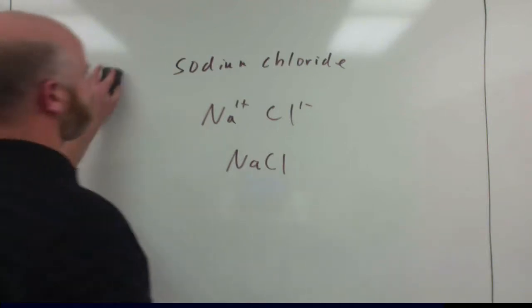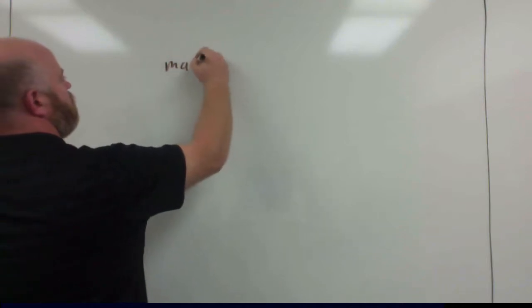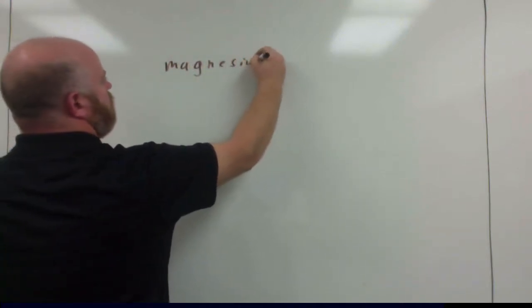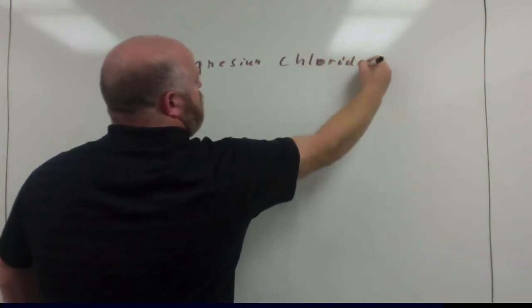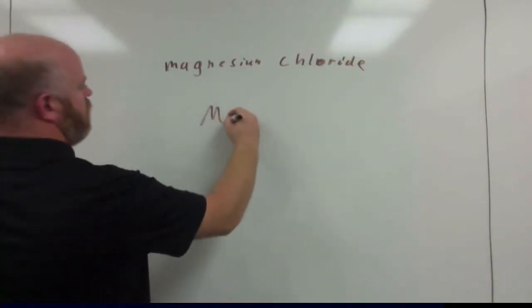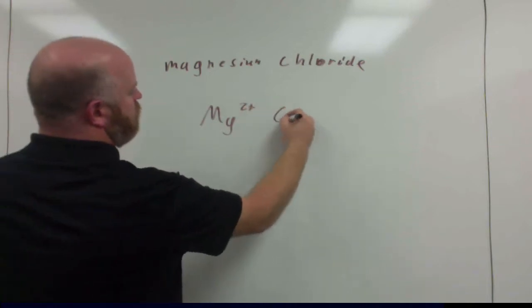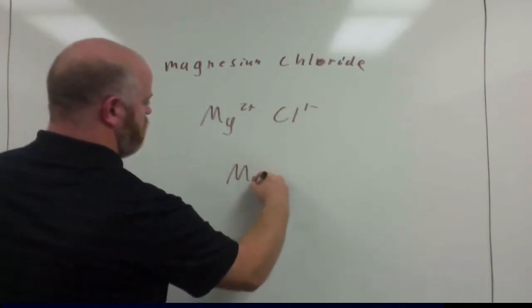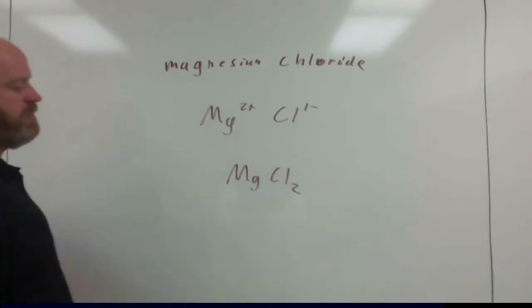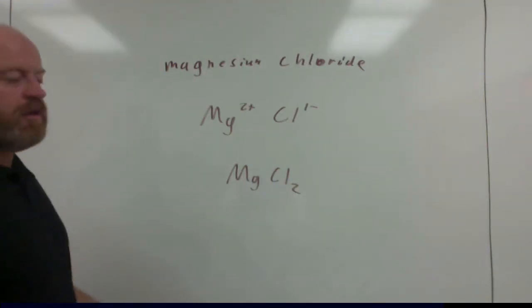However, if I had magnesium chloride, magnesium's a 2 plus, chlorine's still a 1 minus, this ratio would have to be 1 magnesium, 2 chlorines.